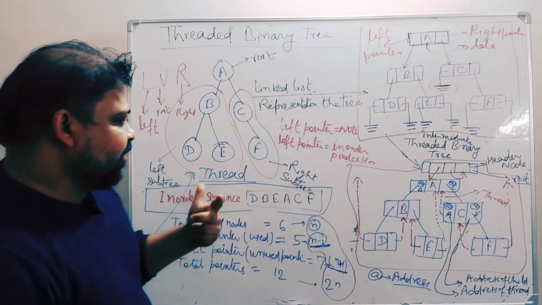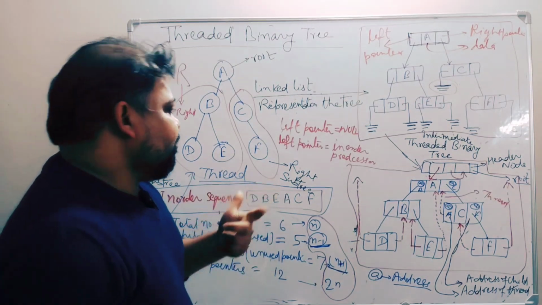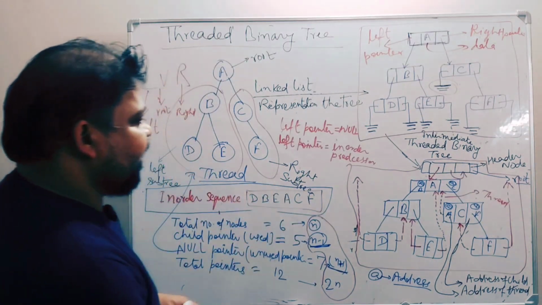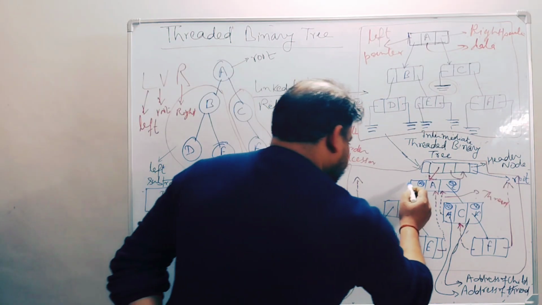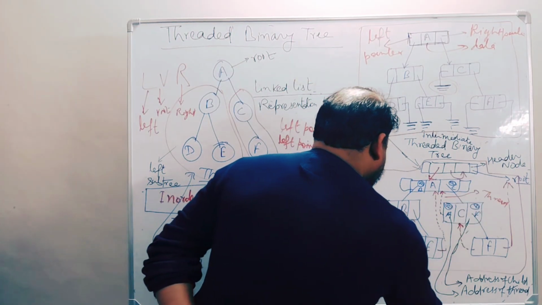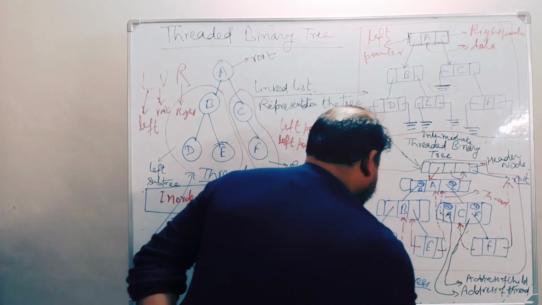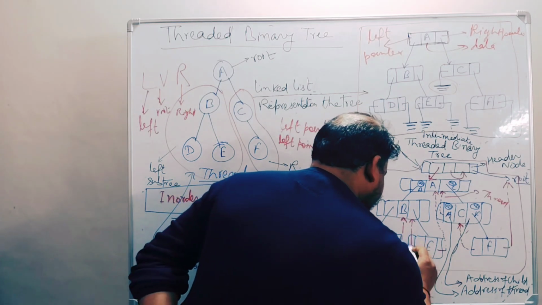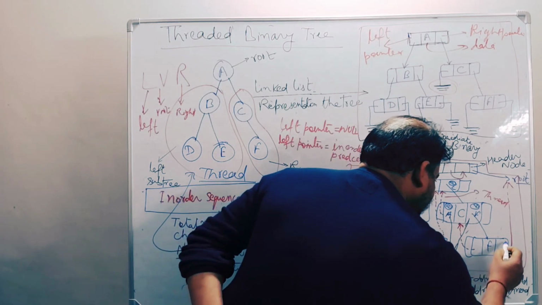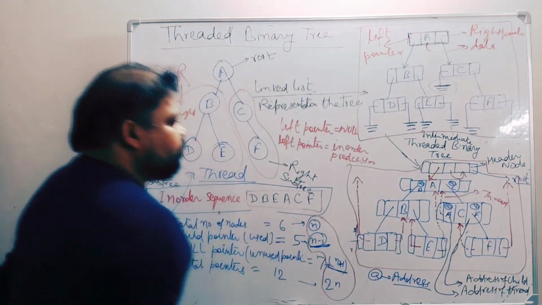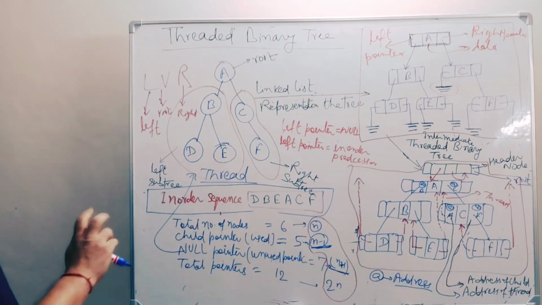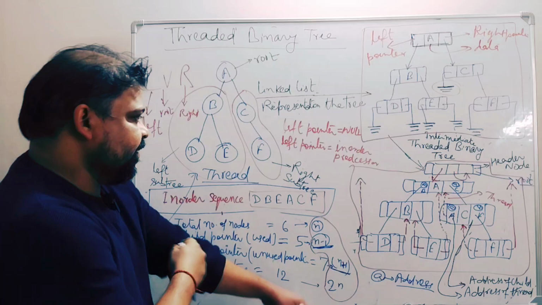Now how can we distinguish child and thread? Each and every node will be represented in a uniform manner, so everyone will have 5 fields. I am creating 5 fields here, and we will learn how to distinguish children and threads.